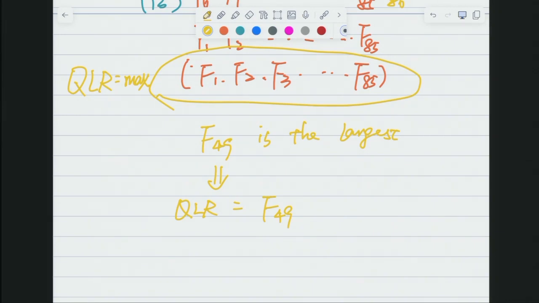Because this test essentially involves multiple child tests, here 85 of them, and searching for the one that gives the highest F statistic value, this test inherently requires a larger critical value compared to the standard F test.